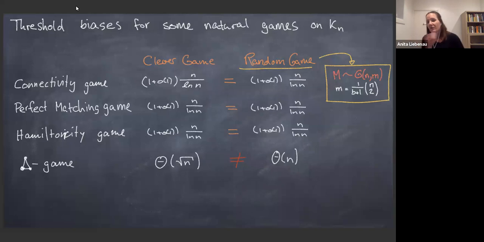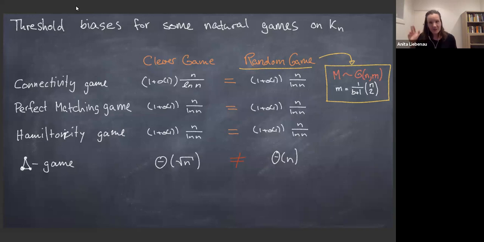And well, for the triangle game, the threshold bias in the random game and the threshold bias in the clever game do not coincide, not even in the exponent of n. And generally, it is not very well understood when the random game gives you a good intuition for the clever game.